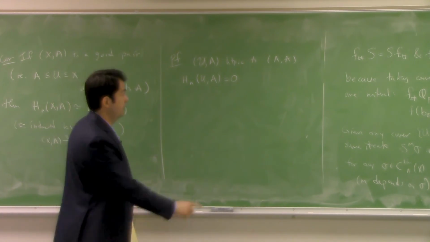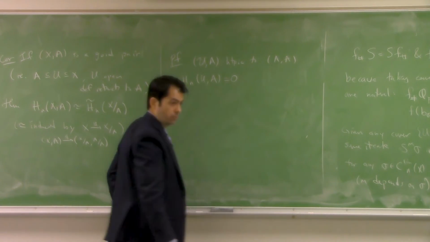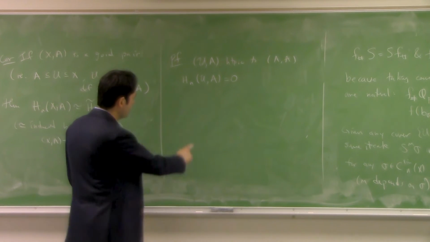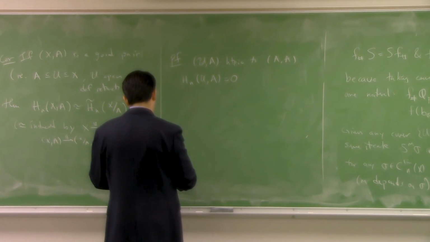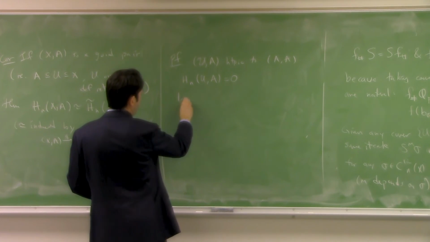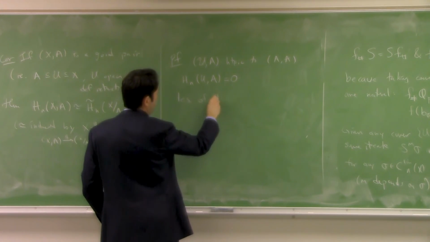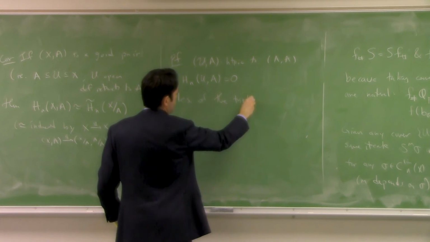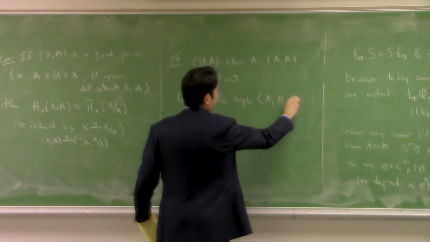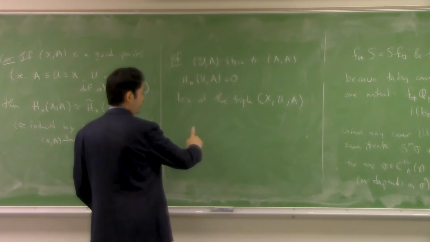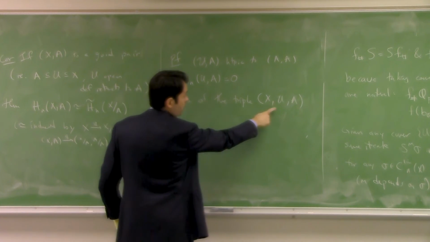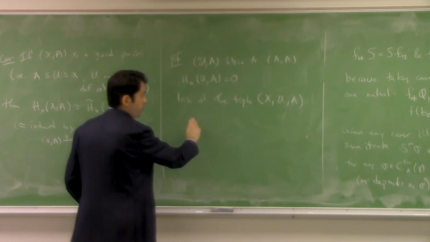Right, so we saw last time that the relative homology of a space relative to itself is always 0. So these groups are always 0. Okay, so from the long exact sequence of the triple (X, U, A), since these are all going to be 0, the other ones in here are going to be isomorphisms.